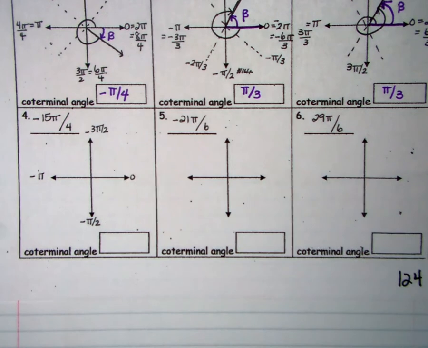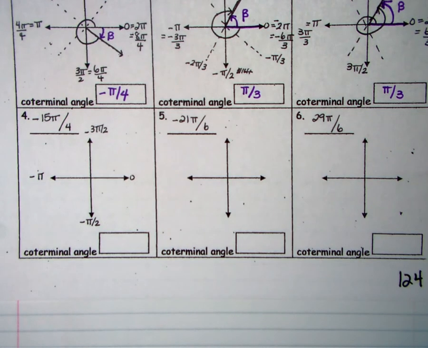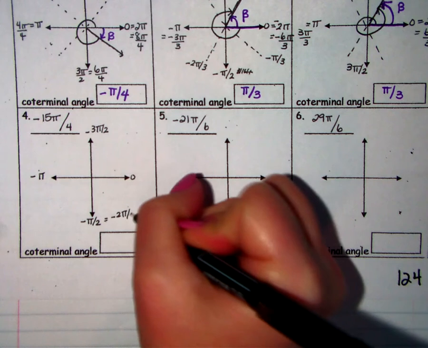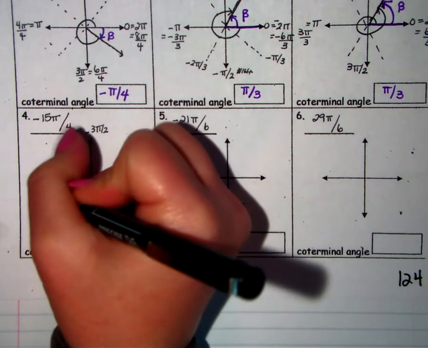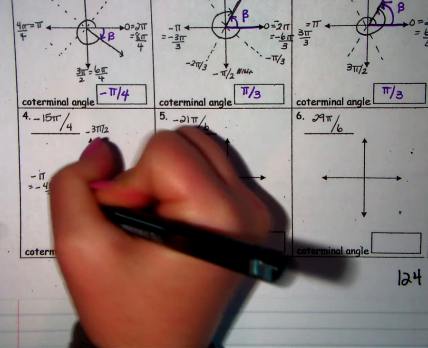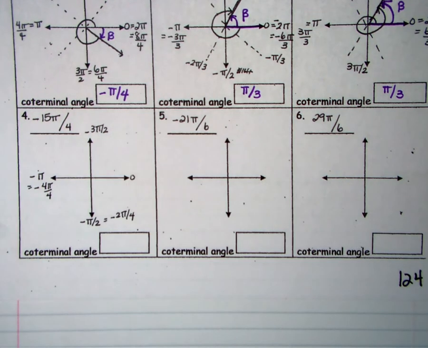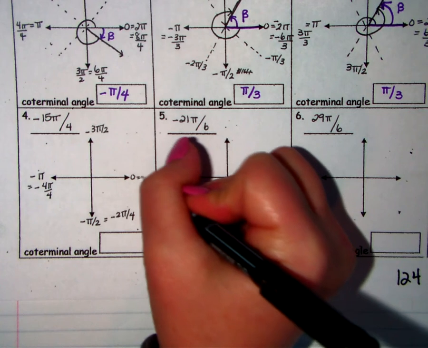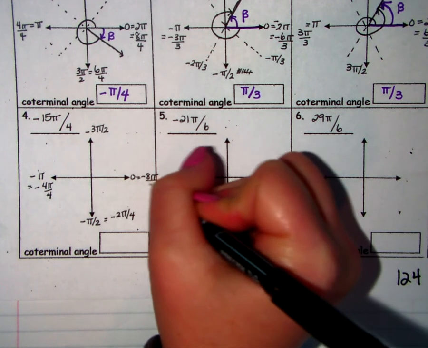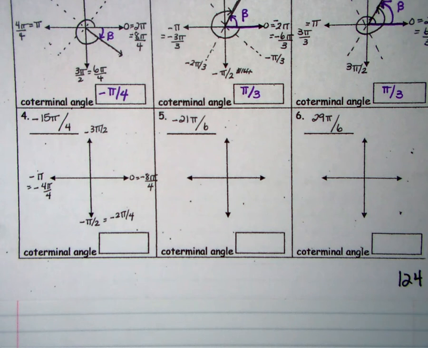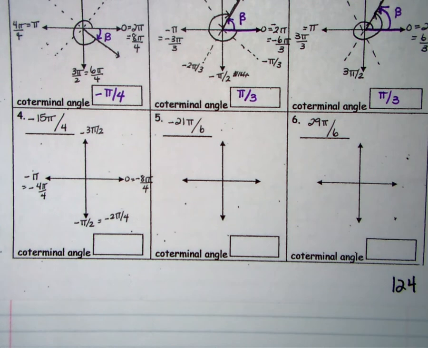But again, with increments of pi over 4, this is the same thing as a negative 2 pi over 4, the same as a negative 4 pi over 4, and so on. And because this is further than negative 8 pi over 4, if I start taking away 8 sections of these pi over 4s, it will help me unwind my values here.